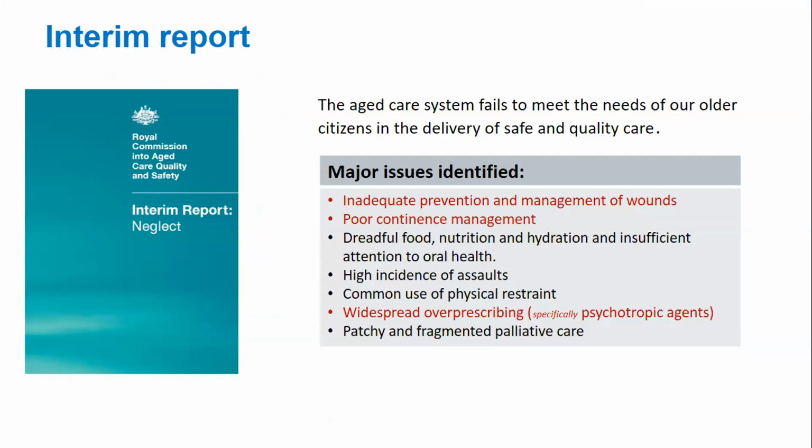The interim report, and I might say incredibly difficult to read, found the aged care system fails to meet the needs of our older citizens in the delivery of safe and quality care. 7 major issues were identified, including inadequate prevention and management of wounds, poor continence management, and widespread overprescribing, specifically of psychotropic agents.